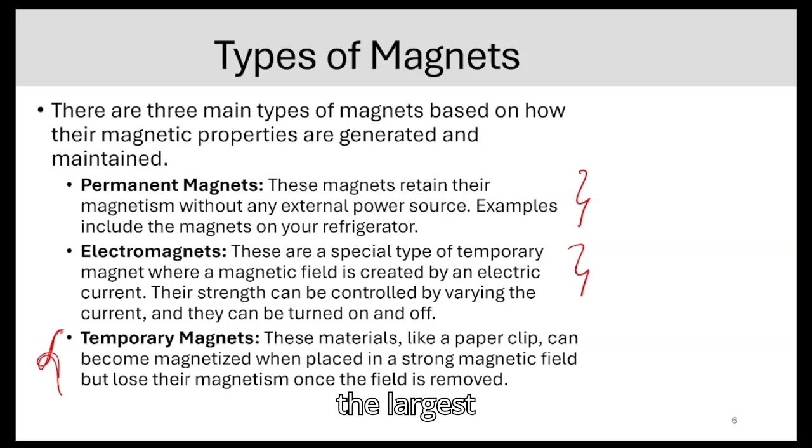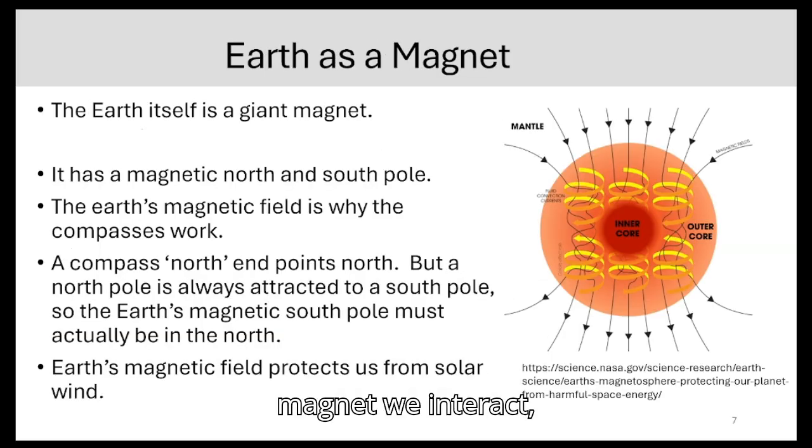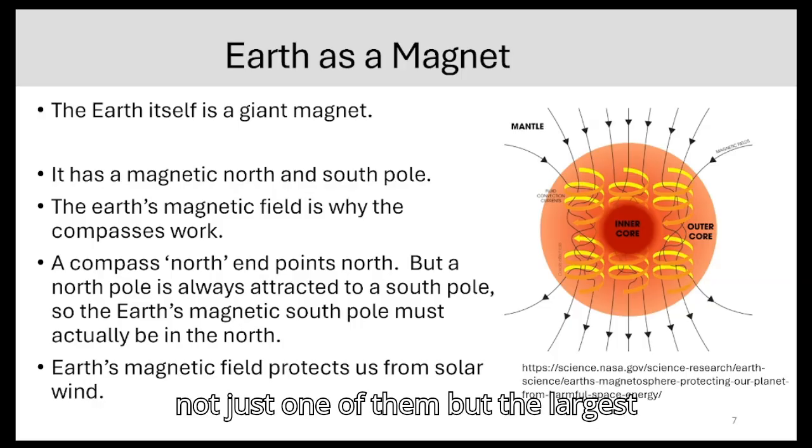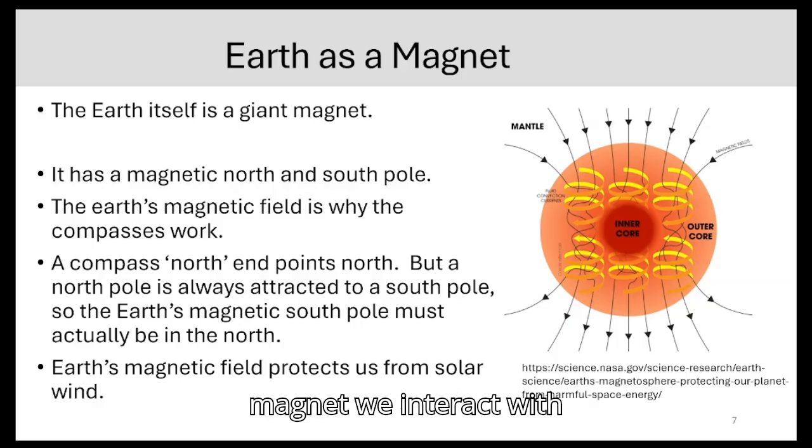And the largest magnet we interact with daily is Earth itself. The Earth behaves as a giant magnet, and this is why a compass works.